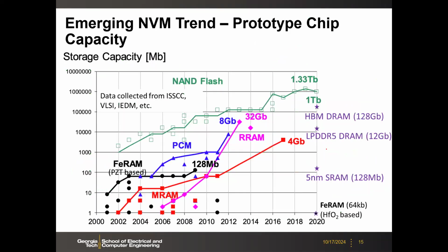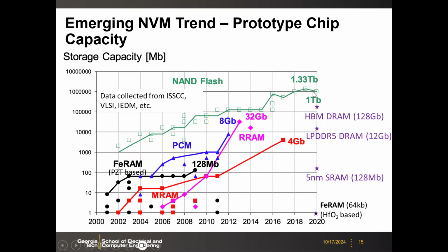So here are some trends we summarized. I haven't updated this; this was till 2020. If you look at the density, let's say in terms of the overall capacity per die, per chip, I'm not talking about HBM bonding where you can get more. This is per single chip.